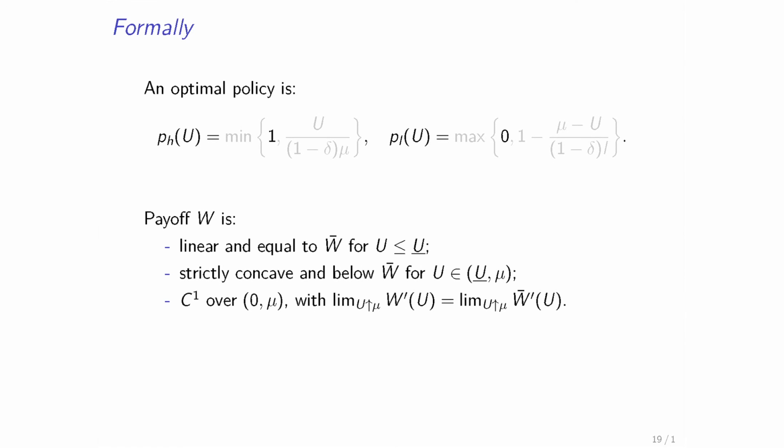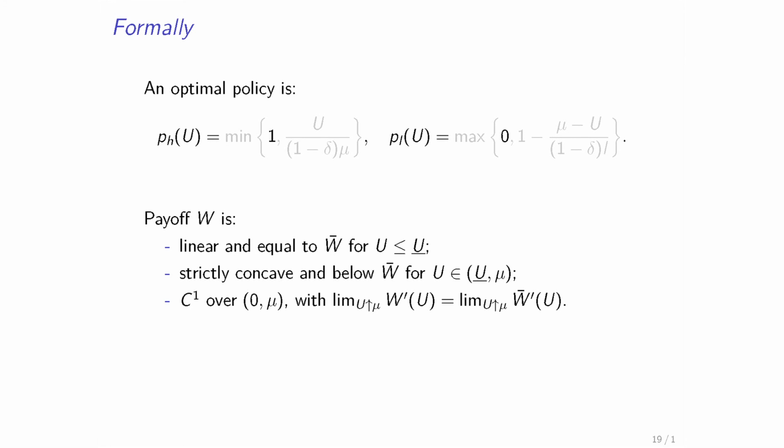Okay. Now, let's summarize the second best result. So the optimal policy is to supply the good if and only if the valuation is high. And I use gray area to summarize the two endpoints. And the payoff function W, the second best payoff function, is linear and is equal to the first best when the promised utility is sufficiently low.